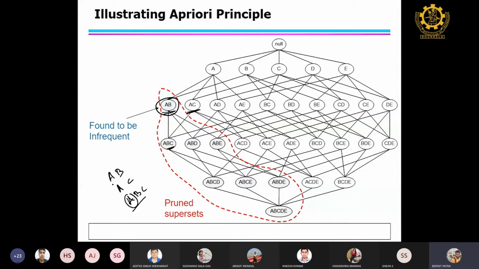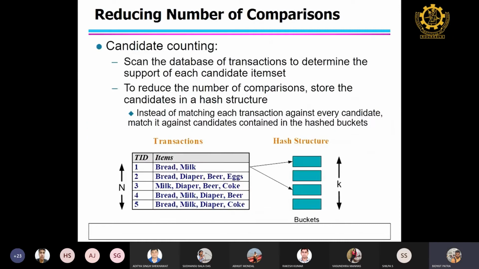When we are combining AB with AC, suppose this length is 2, and this length is also 2. If we combine, we want to get length 2 plus 1. So suppose this is length k. Then the first k minus 1 items must be the same. Here A is the same, so we can combine and form ABC. So this is one example.